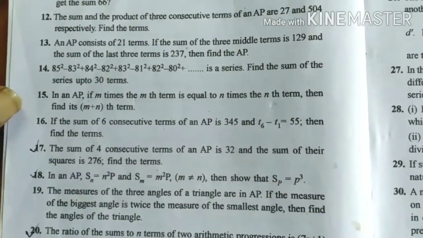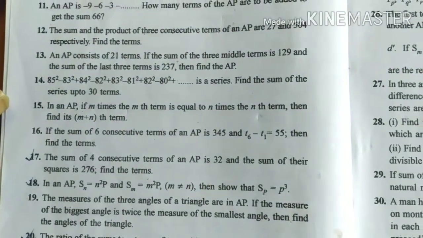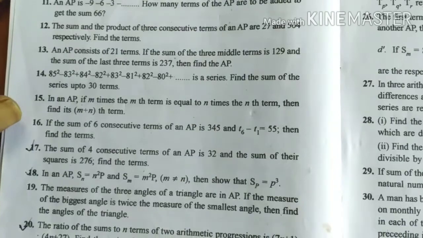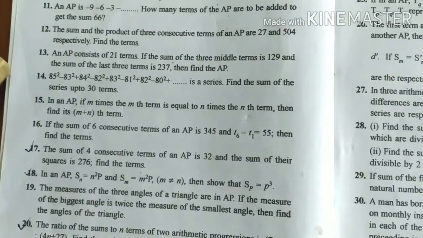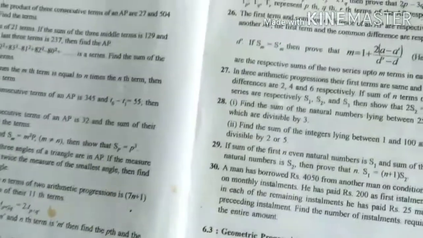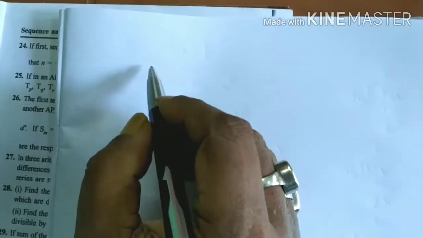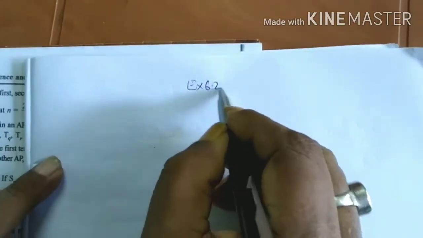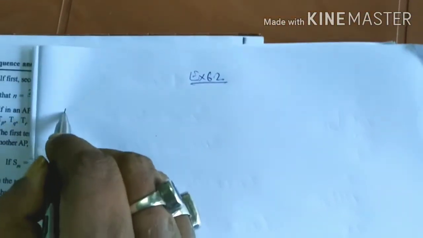In an AP, if m times the mth term is equal to n times the nth term, then find its m plus nth term. This is for class 9 advanced students. Exercise 6.2, question number 15.